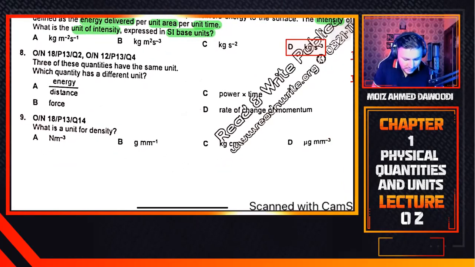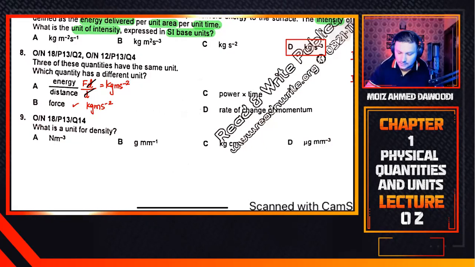So energy is basically work, and work is F into D upon D. So what happened? D cancels out with D, and it's only left with force, that is kg m s minus 2. Force itself is kg m s minus 2. You had this in O levels as well, that force is the rate of change of momentum.